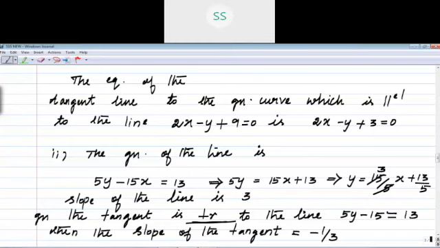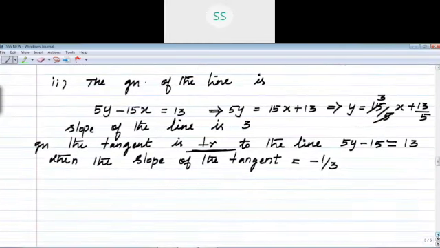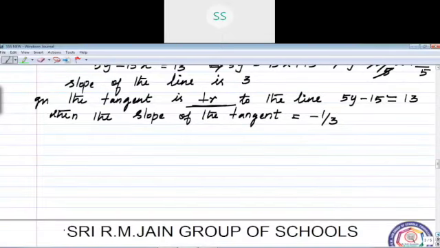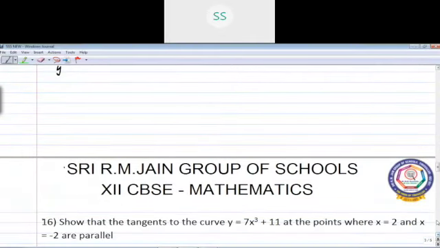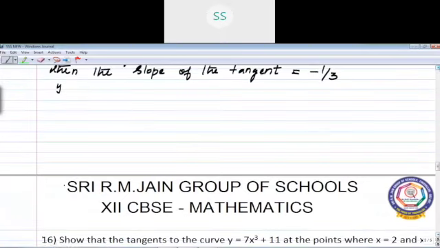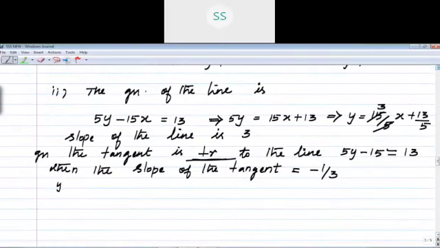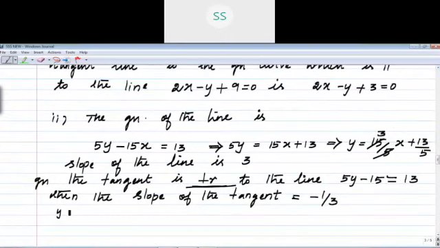Y is equal to x square minus 2x plus 7. Your dy by dx is nothing but 2x minus 2.